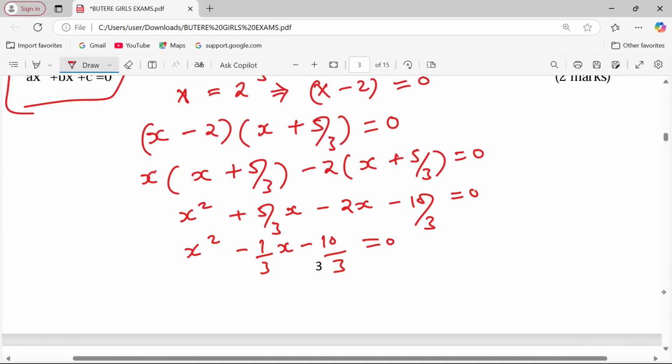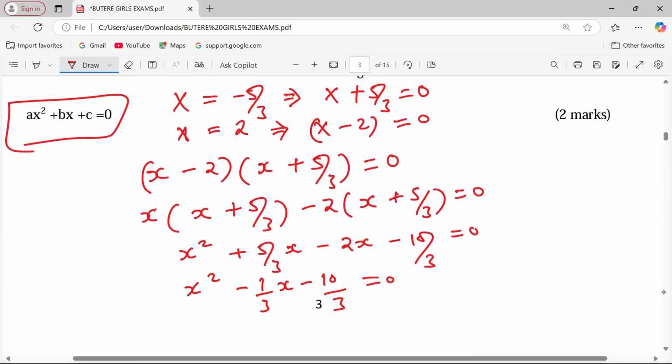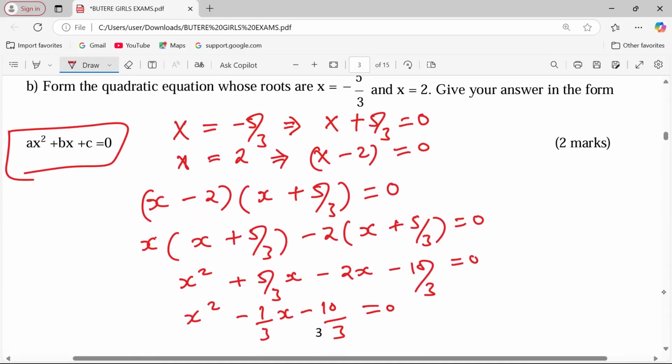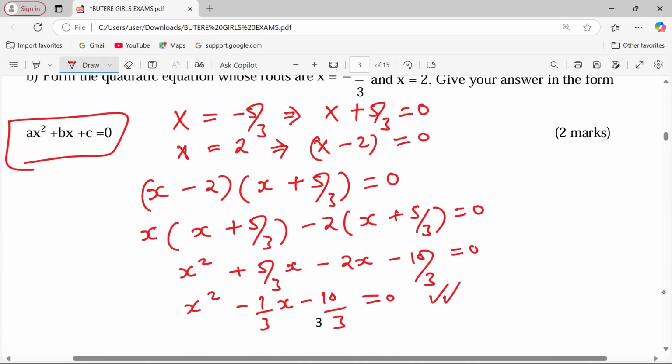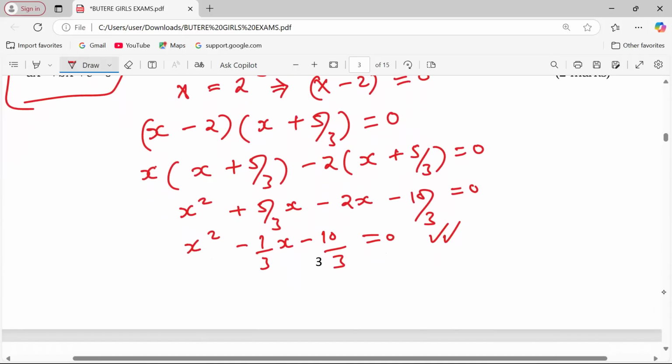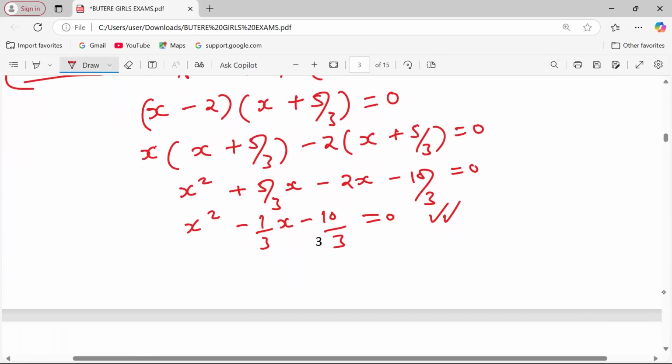Now this equation, for it not to have fractions, actually at this point we are already correct. But it's good you wind up this way because 3 is common. We multiply all the terms by 3. That's why this becomes 3x squared minus x minus 10, when we multiply everything by 3, equals 0.